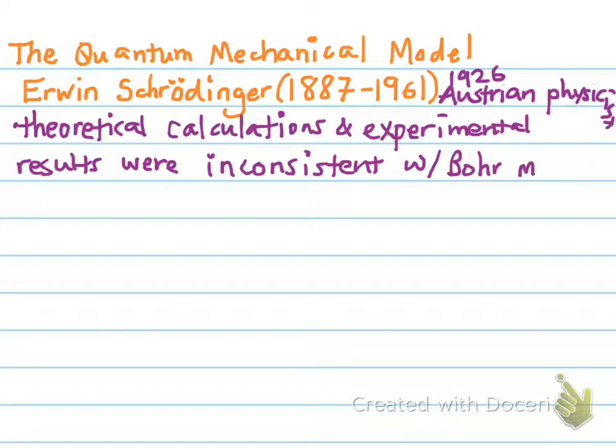So basically, he got different results than what the Bohr model had predicted. So he said, well, that must mean that maybe the Bohr model is wrong.